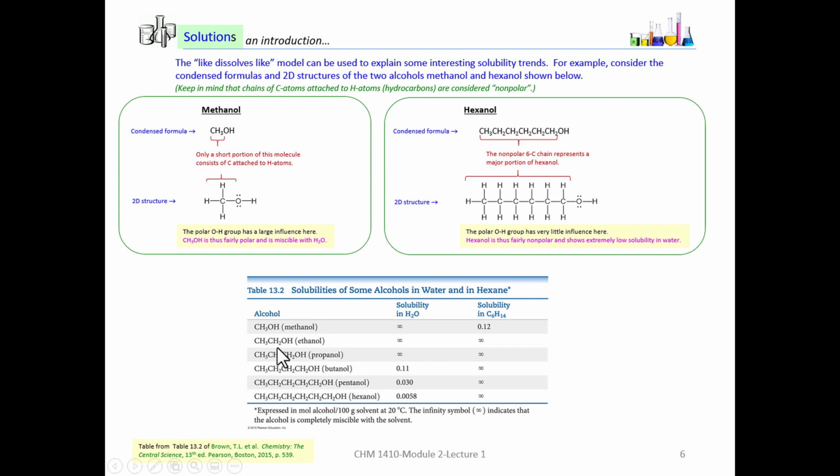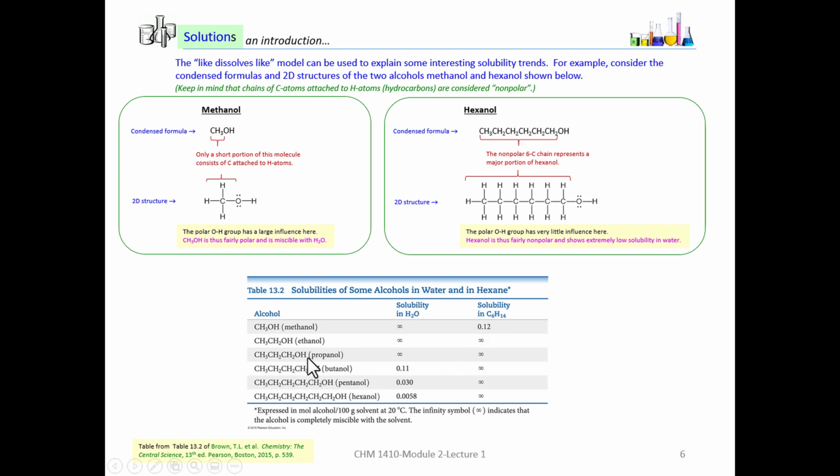Ethanol, which has a longer carbon chain, is still soluble in water, but it's very soluble in hexane, a nonpolar solvent. The longer carbon chain of propanol is still soluble in both water and in hexane. So the three-carbon chain here makes it soluble in hexane.